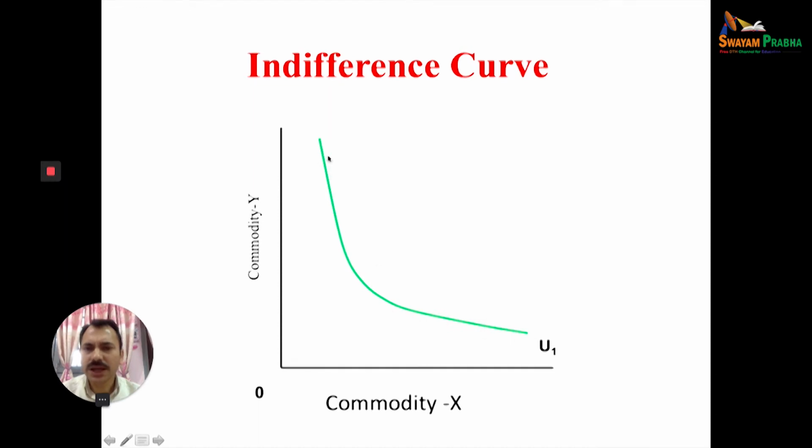Any combination on this graph shows the locus of points of various combinations of two goods, X and Y, which give equal satisfaction to the consumer. So any combination you consume from this graph will give equal satisfaction. The consumer will be indifferent.